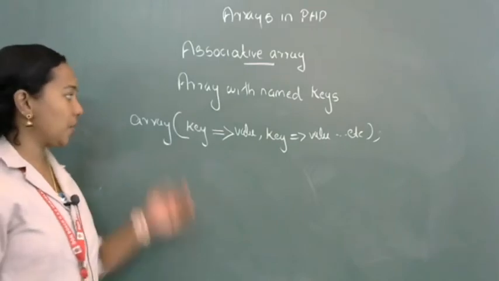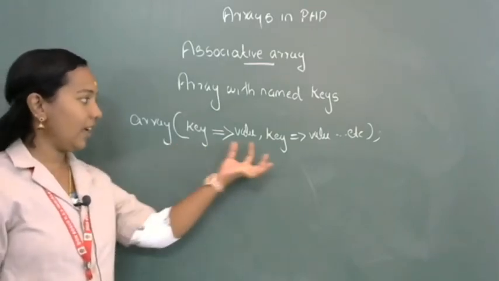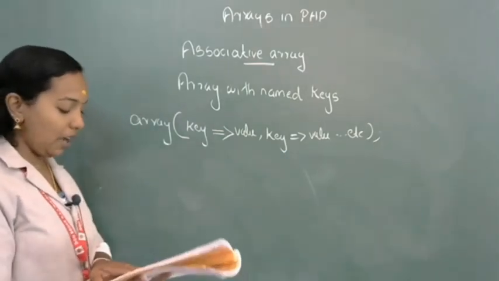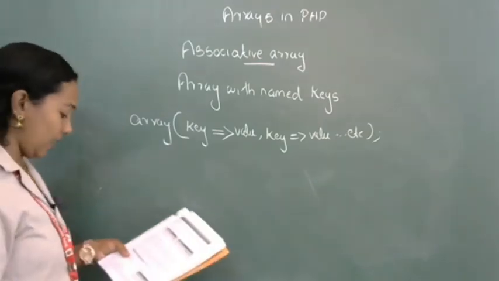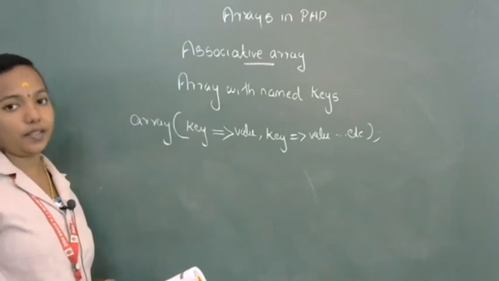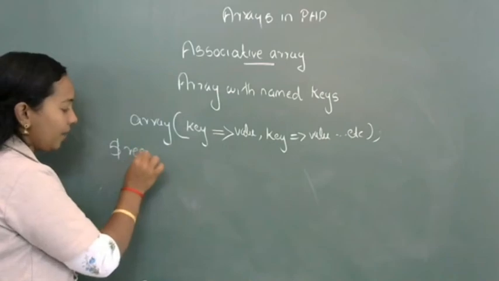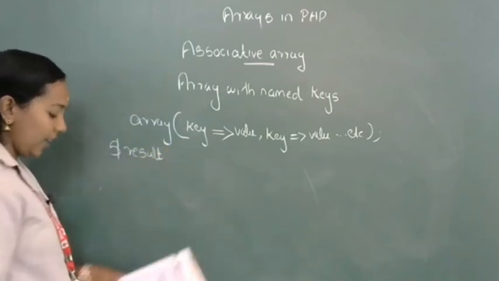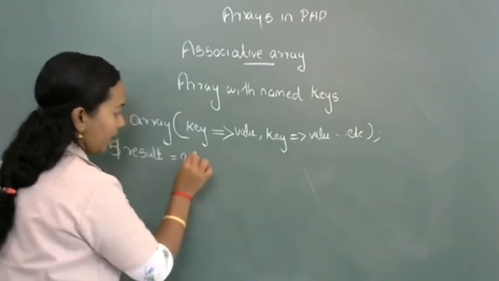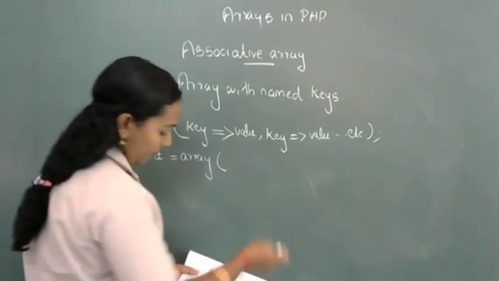First you specify the array name, then key along with value, then again key, its value. Then the example. Suppose I want to represent marks of students. So we can write like this: $result is equal to array.